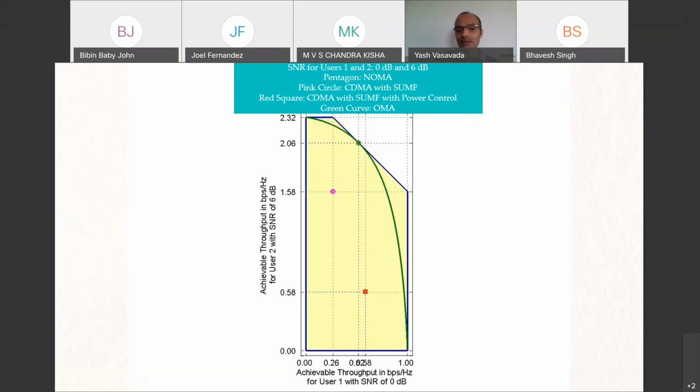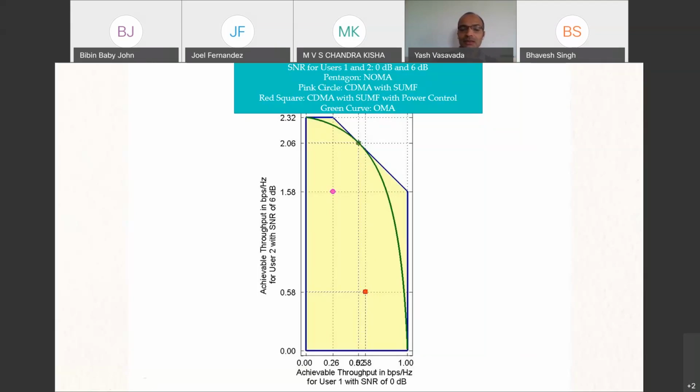So if I do power control, then I will have to bring the stronger user to the same level at which the weaker user is. Basically, I will have to ask the user which is close to the base station to attenuate its transmit power so that the signal of that user is received at the base station at the same level at which the weak user signal is received.